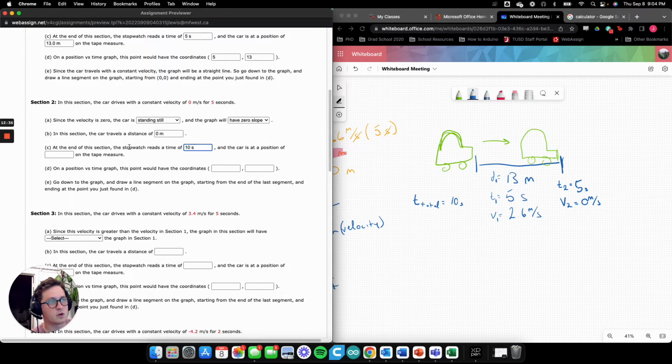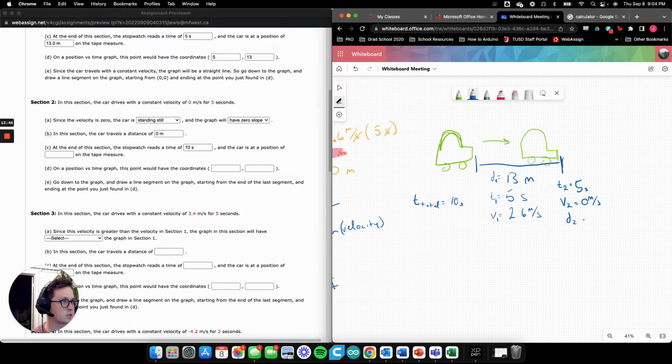And the car would be at a position of, well, it didn't go anywhere. Velocity was 0, so the distance it traveled in that section was 0. So the total distance is still 13 because it didn't move any further, so it just stayed where it was.